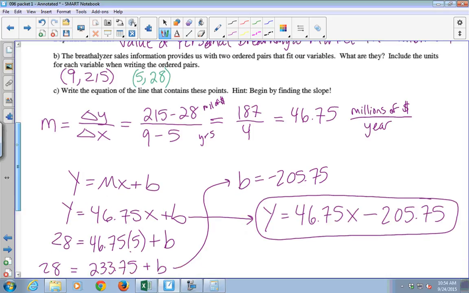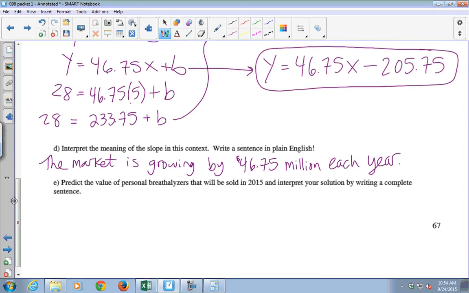But now that I have an equation of a line, I can find out the current market value, or predict it. So 2015, is that an X or a Y? X. And should I plug in 2015? Just 15. So that corresponds to X equals 15. So I'm going to replace my X in the equation with a 15.